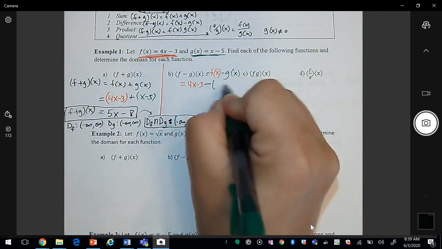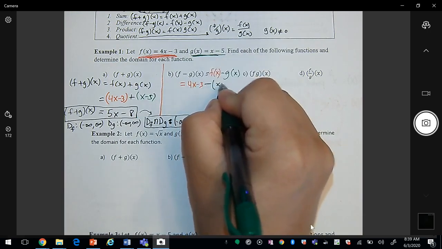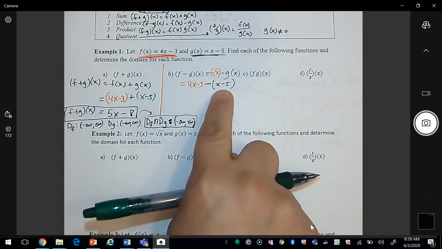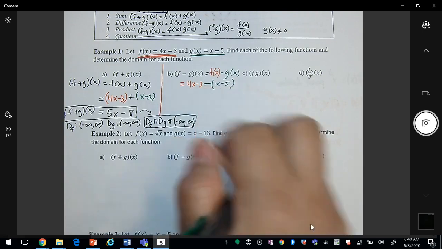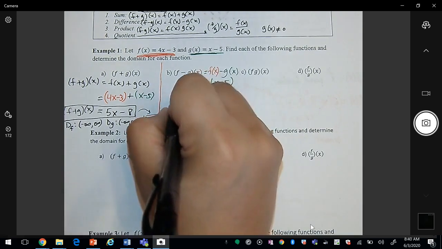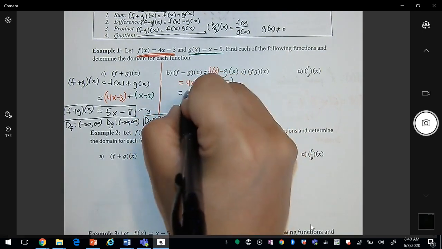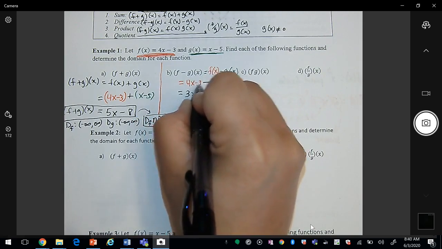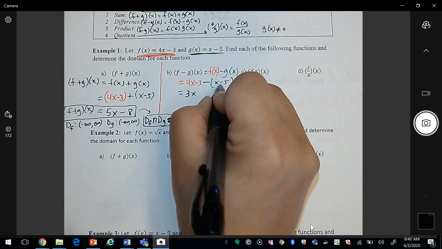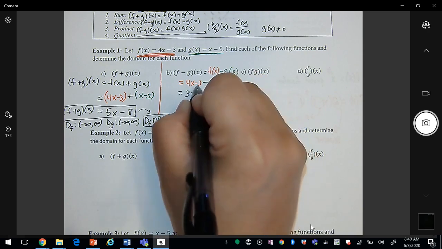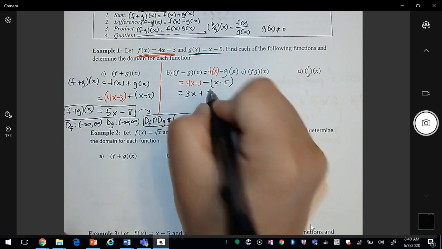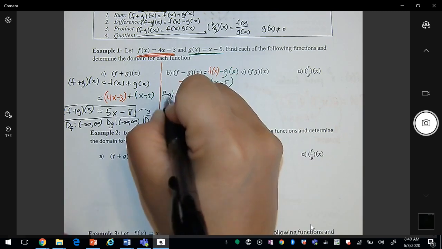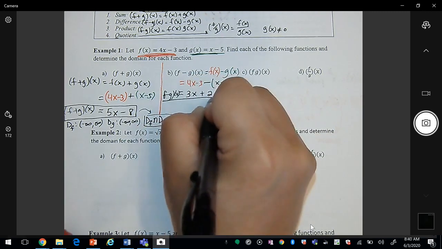Minus, I'm going to use a parenthesis, g of x is x minus 5. And you want to use a parenthesis since you're subtracting the entire function. So if we simplify, 4x minus x is 3x. Negative 3 minus a negative 5 will be a positive 5. So negative 3 plus 5 would be plus 2. So f minus g of x is 3x plus 2.